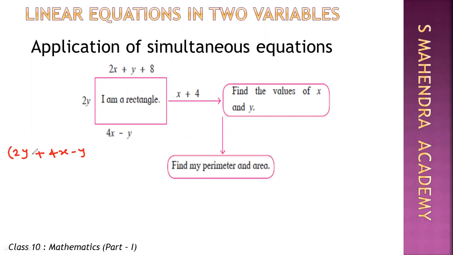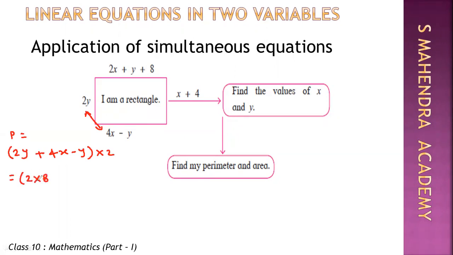So if we multiply the addition of two sides by 2, we will get the perimeter of the rectangle. So after solving the equation, we have got the value of y as 8.